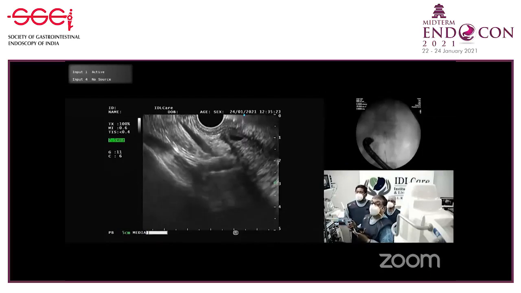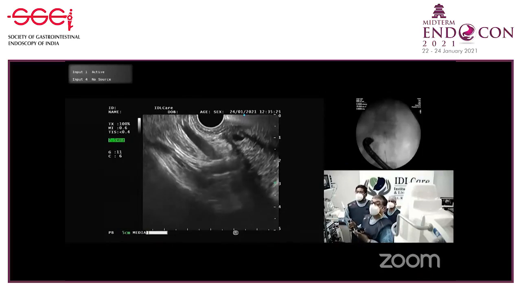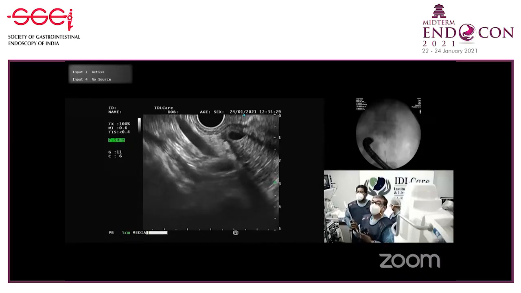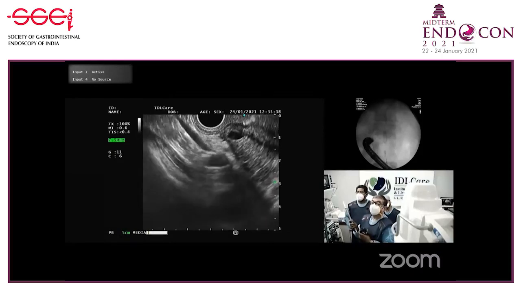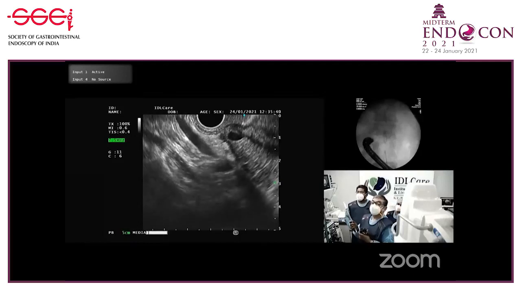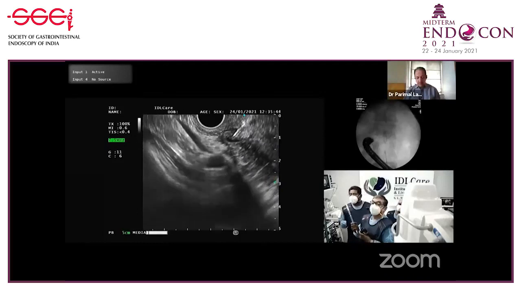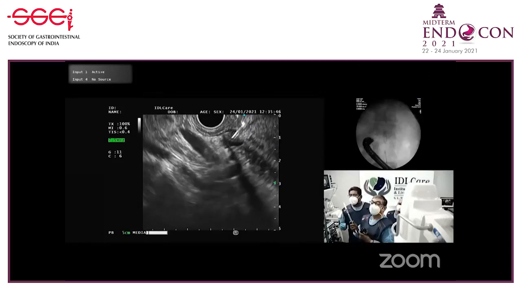Now you see the needle coming. We are away from the portal vein, so there is no risk here. I am still in the wall.